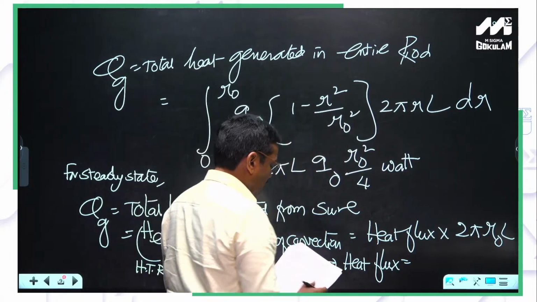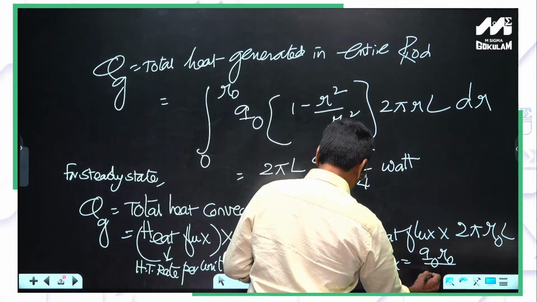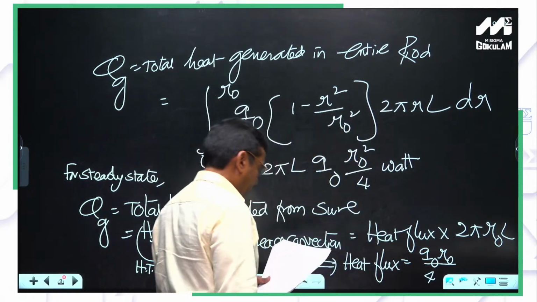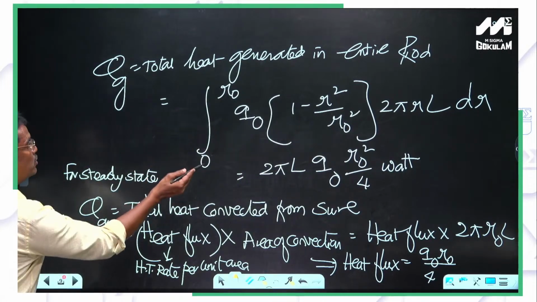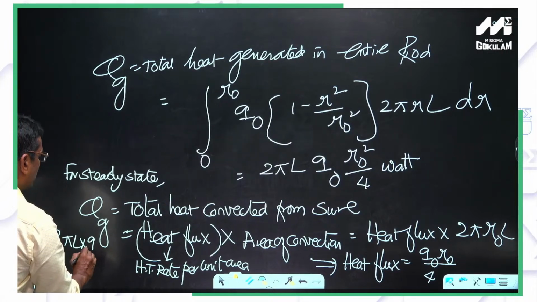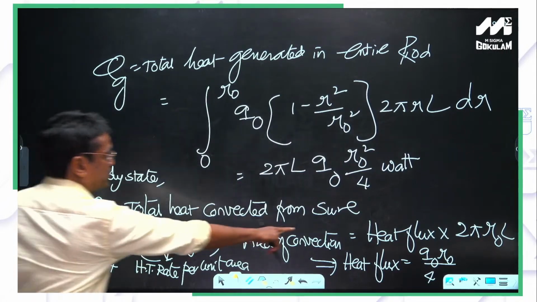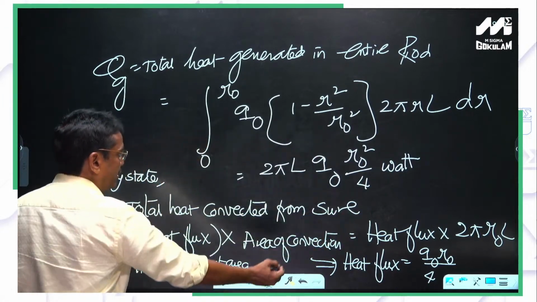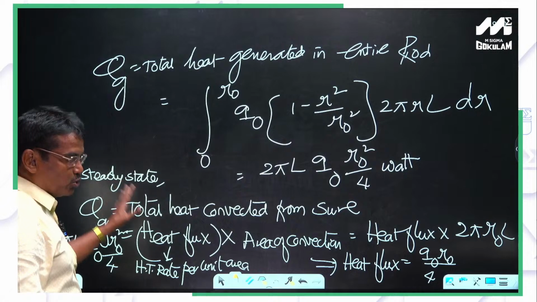We got this as Q naught R naught by 4, because Qg has already been obtained: 2 pi L into Q naught into R naught square by 4. That and this should be equated, and from that you will get the heat flux. First I calculated the total heat generated.